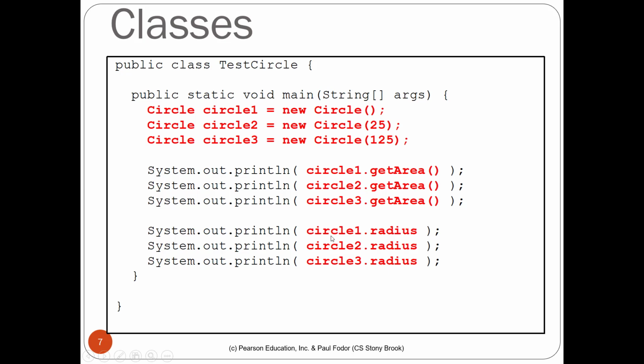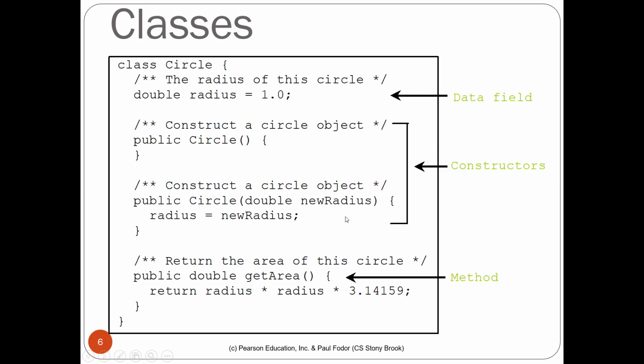What are we doing in these last three statements? So what is radius here? Radius is the data field for the circle.